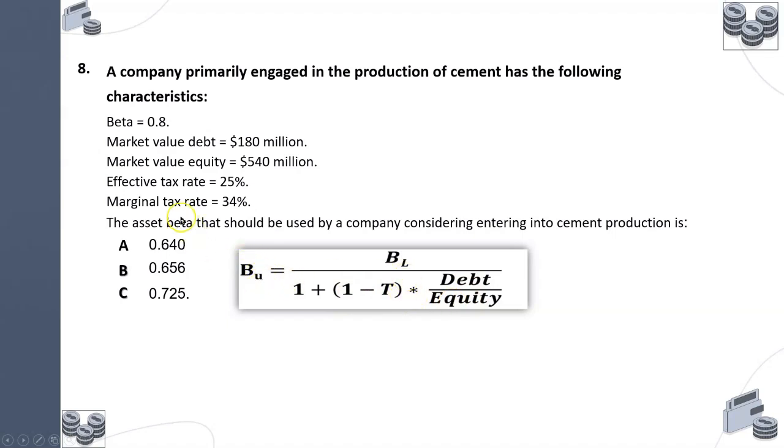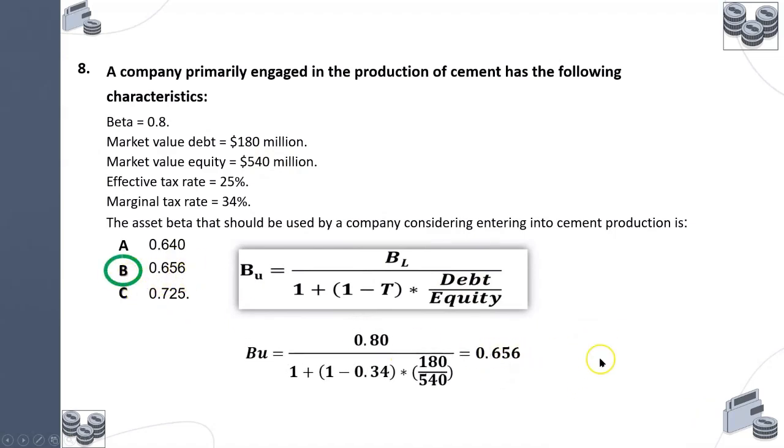Beta unlevered, which is asset beta, equals beta levered 0.8, divided by 1 plus (1 minus tax, the marginal tax 1 minus 34%) times debt over equity. This is the market value of debt, and this is the market value of equity. By plugging in these figures, we get this answer, 0.656, which is this one. So answer B is the right one.